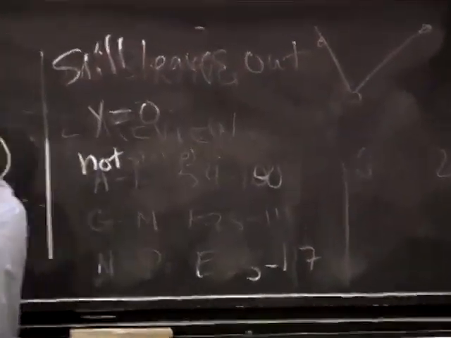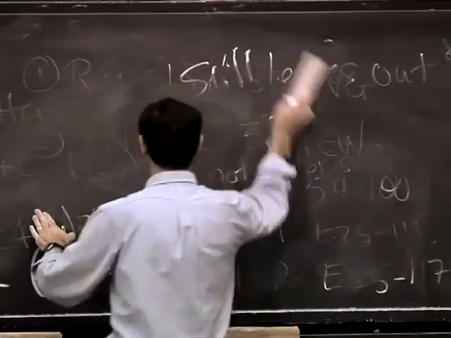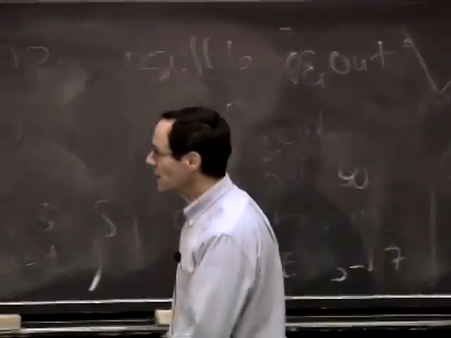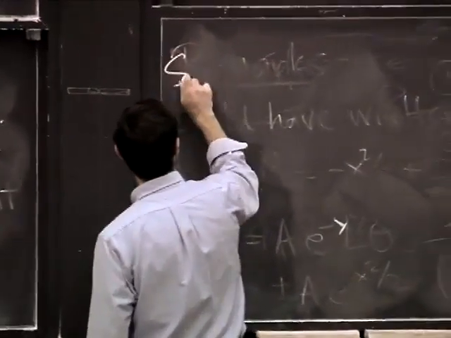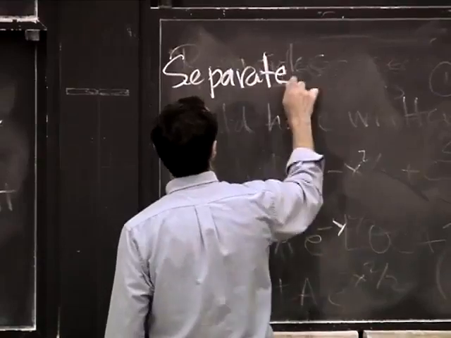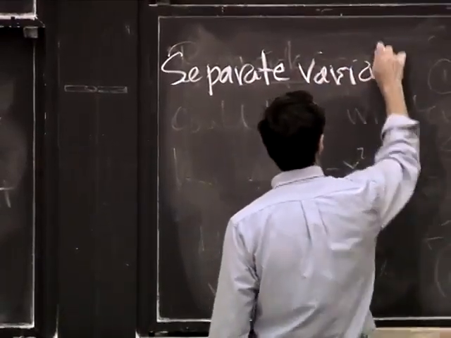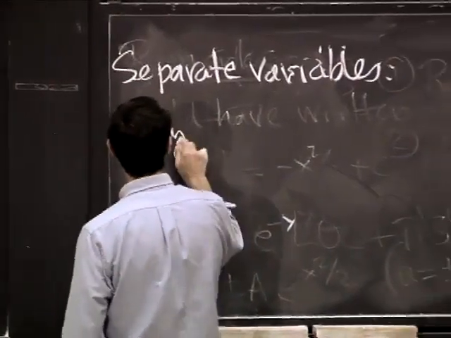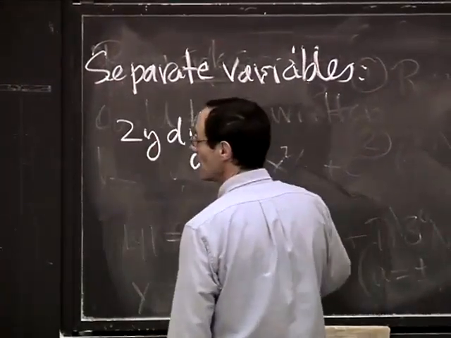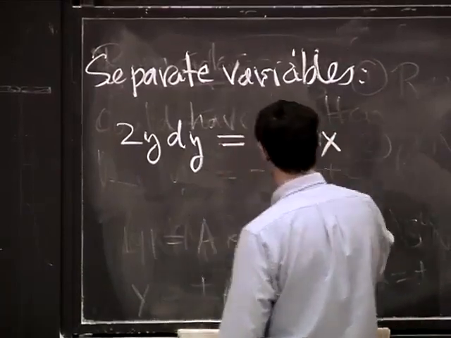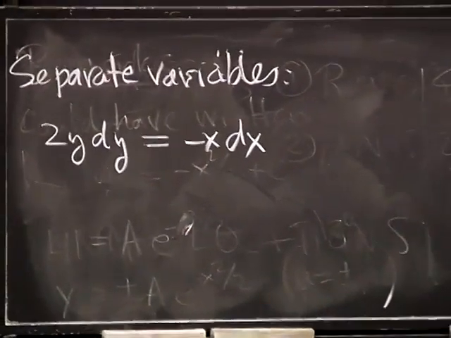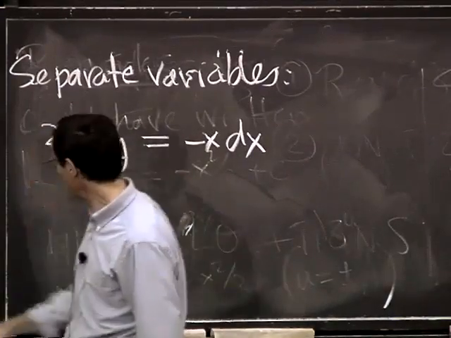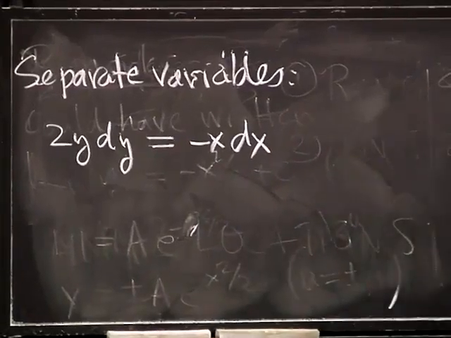And now I want to solve this one. Well, again, there's only one technique, which is we're going to separate variables. And we separate the differentials here, so we get 2y dy equals minus x dx. That's just looking at the equation that I have: dy dx is equal to minus x over 2y, and cross-multiplying to get this.